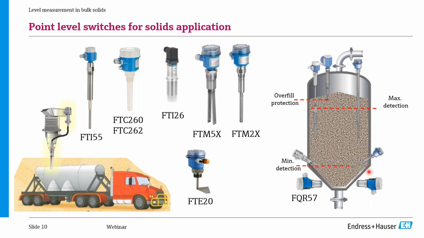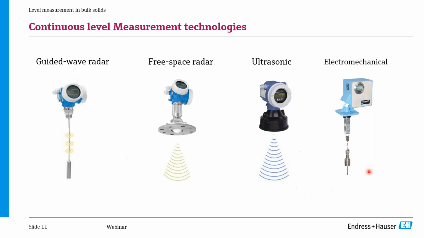Now, moving from the point level switches to the continuous level measurement, we have different types of measurement, and this is really where we can explore the benefits of effective inventory management. You can see in the picture there are 4 different methods used for continuous level measurement. 3 of them are based on what we call ToF, or time of flight measurement.